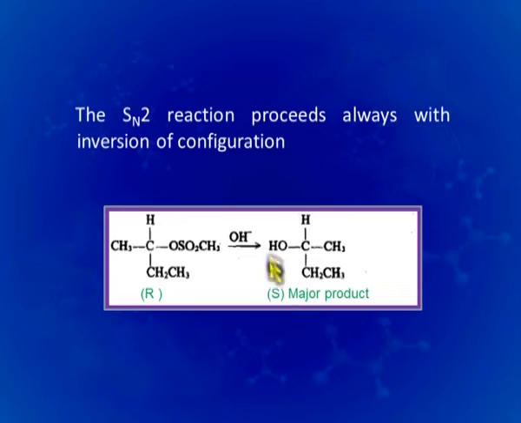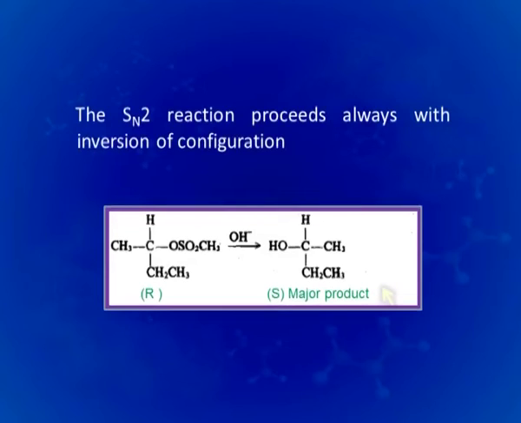There will be an inversion of configuration, and whenever there is an inversion of configuration and a different optical activity is observed, we say that this particular reaction has undergone the SN2 mechanism, whereas we saw in the earlier case the SN1 reaction proceeds with the racemization of the products.